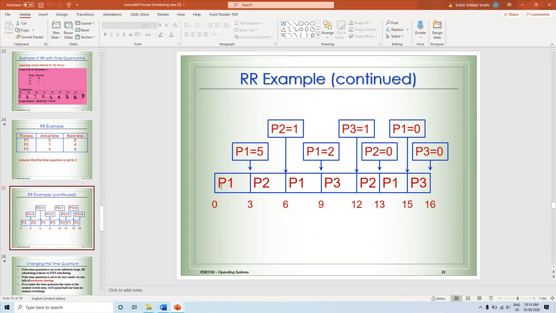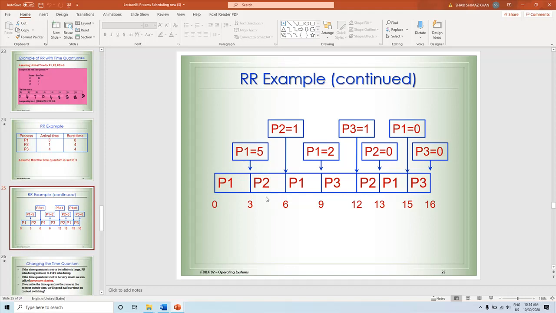Because the time quantum is 3, it gets the CPU for 3 milliseconds in the first chance. So when the context switching takes place, the remaining burst time for P1 is 5 milliseconds, 8 minus 3.